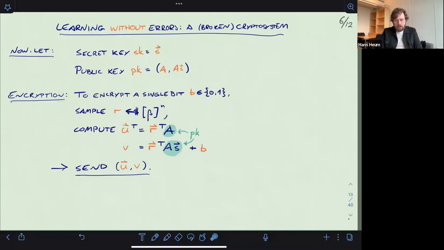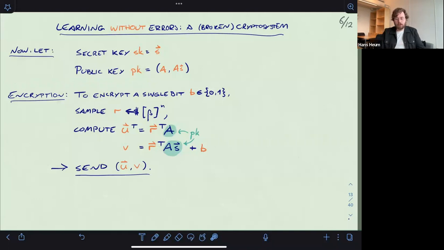R is a vector, so it's an n element vector. I should also mention that A is an n by n matrix. I think the previous slide said so. So everything is dimension n in this case. So you sample this random vector R, where each element is small, so within this limit of beta.